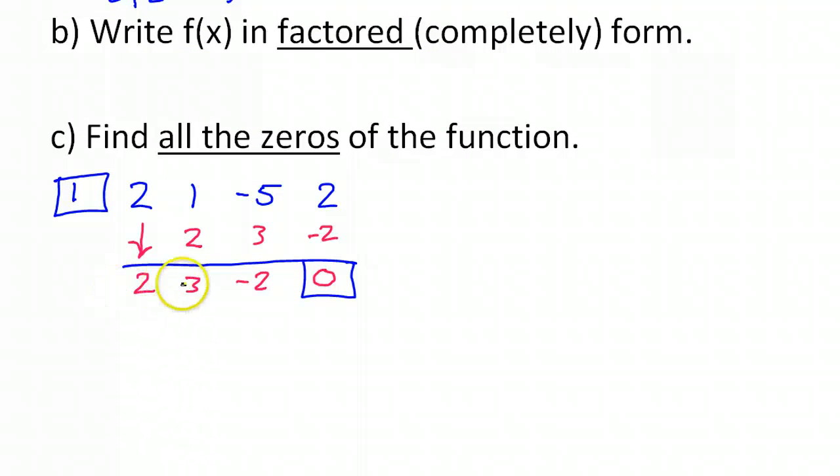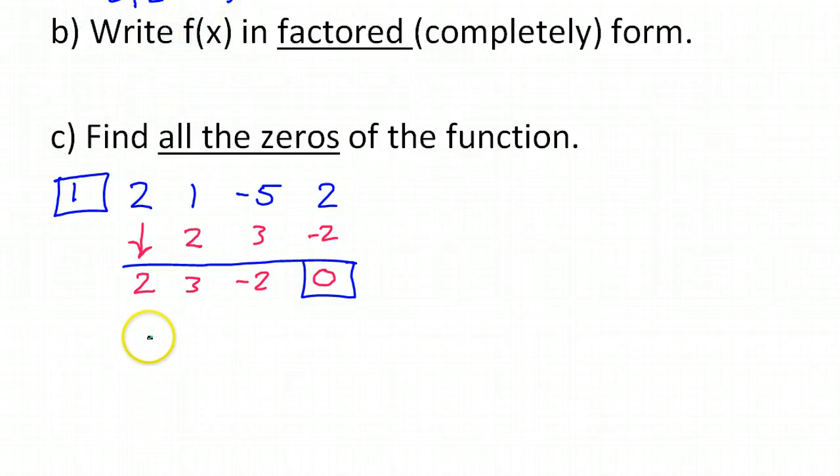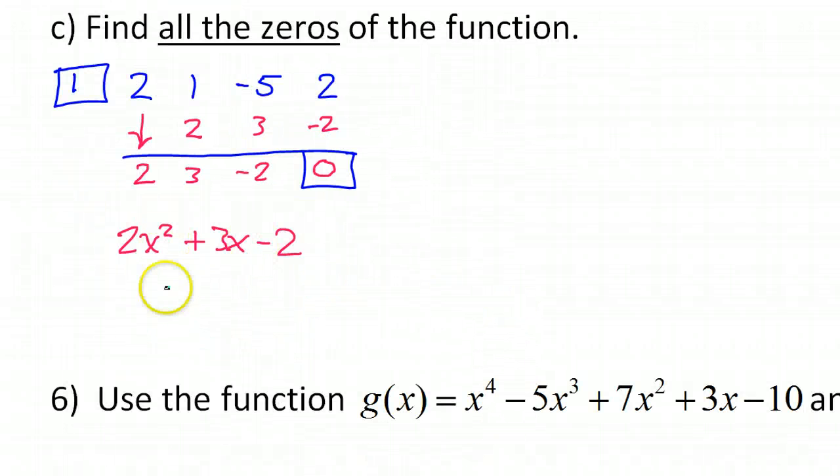Now, once we get down to a trinomial, we can try to factor it, and if that doesn't work, we'll just use the quadratic formula. So this is going to be 2x squared plus 3x minus 2, putting those coefficients back in. Let's see if it factors.